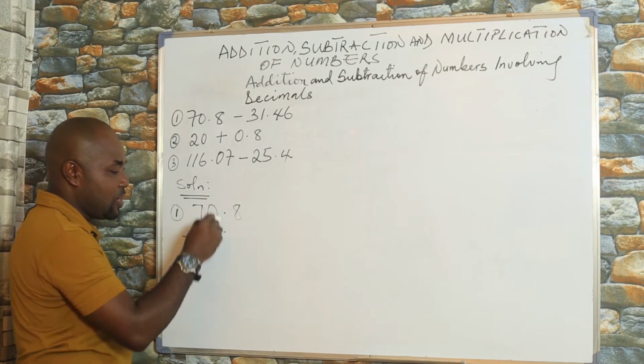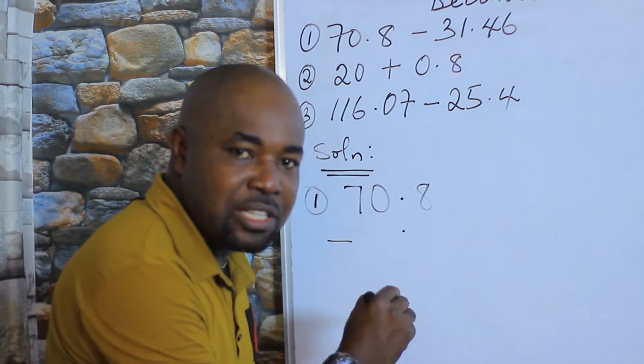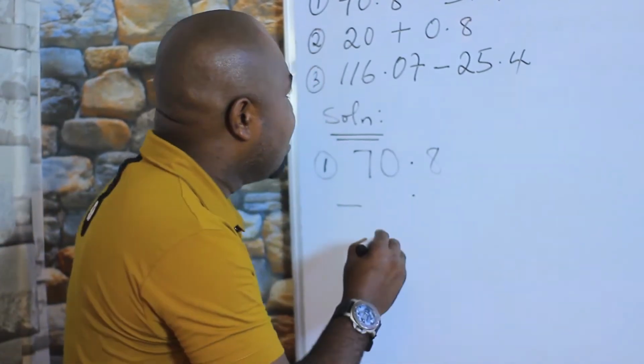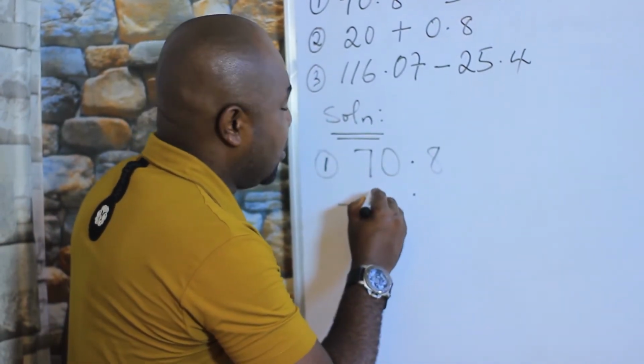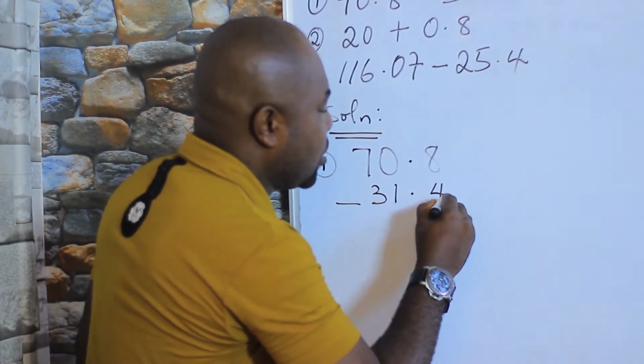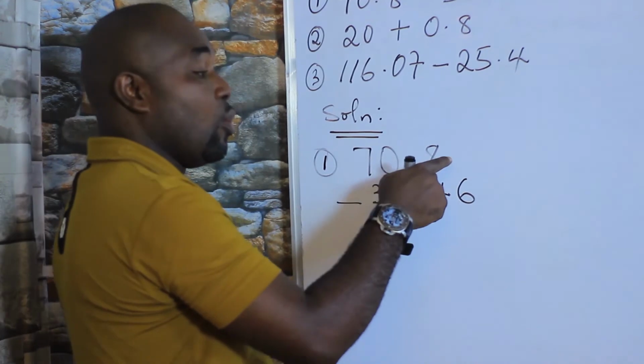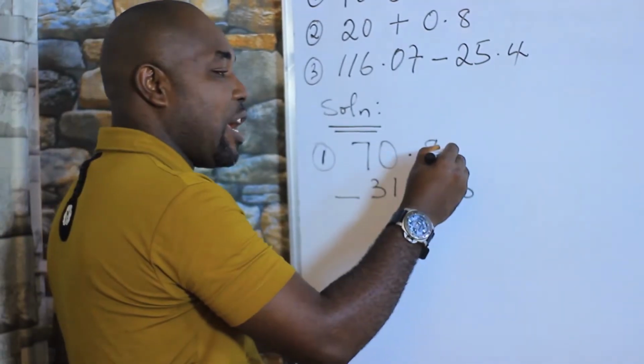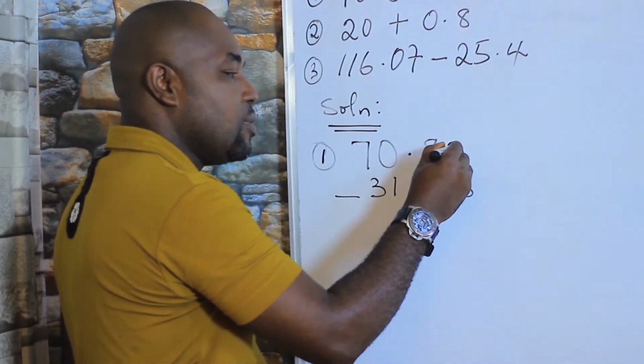They must be on the same line. We have 31, we have 46. So there is no value here, so we assume that this is what? 0.